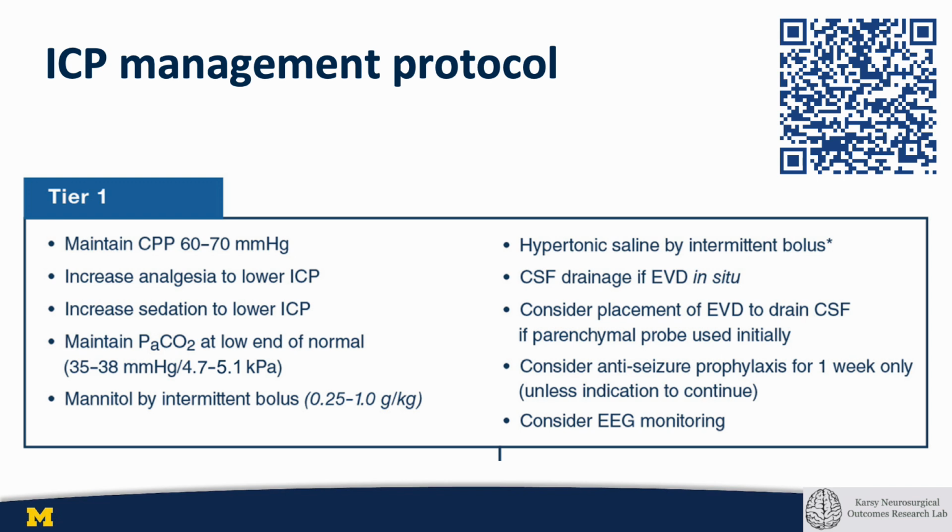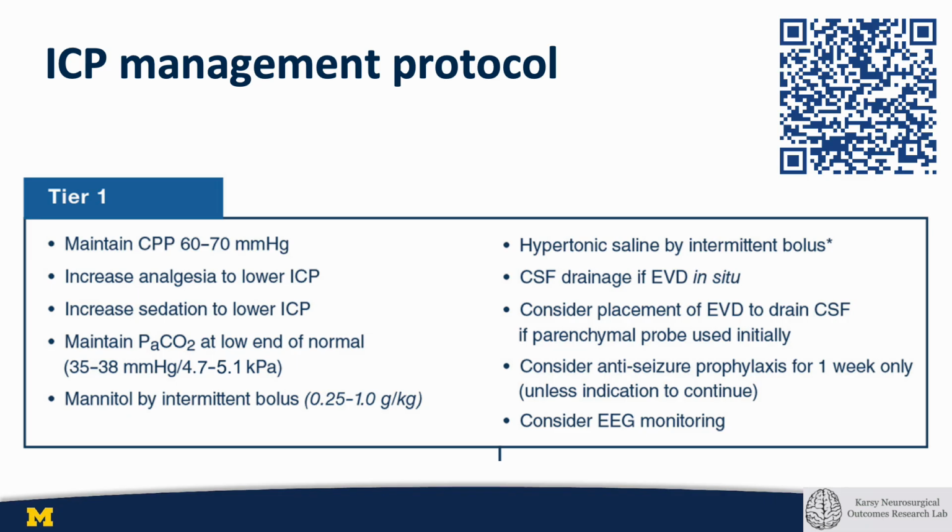Mannitol can also be evaluated as a potential option, but it can cause extra diuresis that you have to be careful for. Placing an EVD for CSF drainage is considered. Maintaining seizure prophylaxis is indicated for 1 week for traumatic brain injury patients, and an EVD helps evaluate for any subclinical seizures, which can really tax the brain.